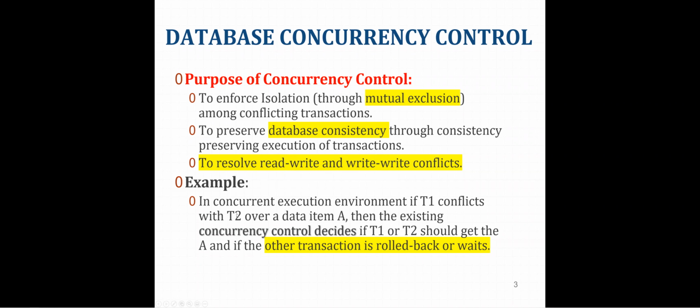For example, in a concurrent execution environment, if T1 conflicts with T2 over data item A, so I have two transactions, T1 and T2, and there is a conflict because one of them might be a read and the other a write on the same data item A, then the concurrency control decides if T1 or T2 should get A, and whether the other transaction is rolled back or waits.